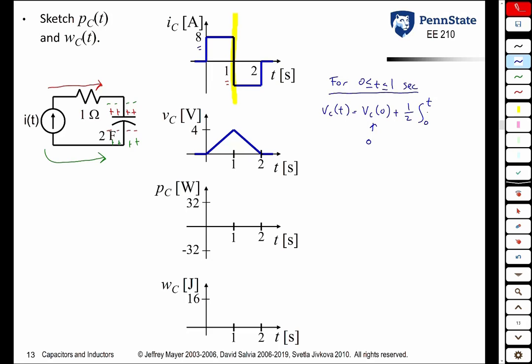But iC is just a constant between 0 and 1 second. So it's going to be 8 d tau. The integral of 8 d tau is 8 tau. So you get 1/2 times 8 tau evaluated at an upper limit of t, a lower limit of 0, which is just 4t volts. Sure enough, that is this line segment right there.